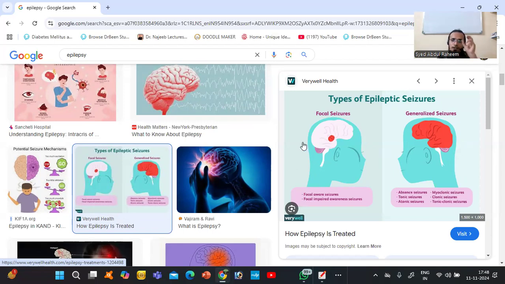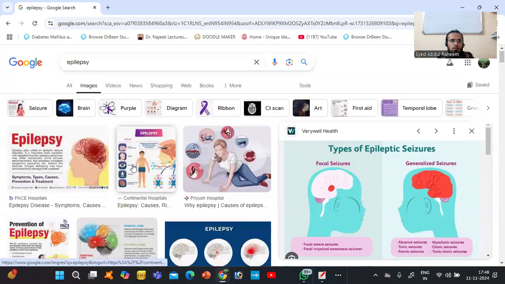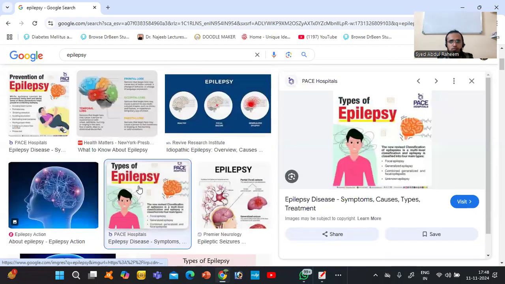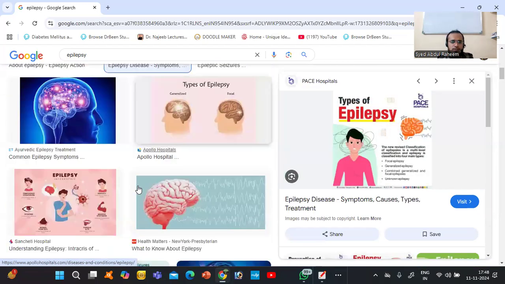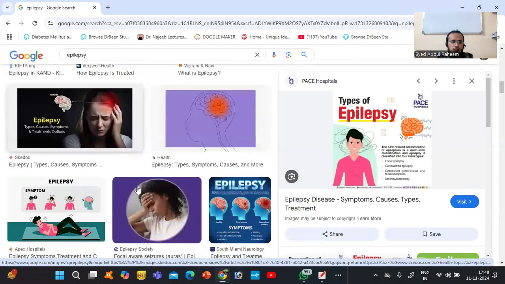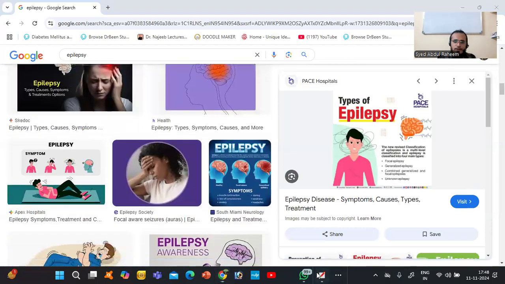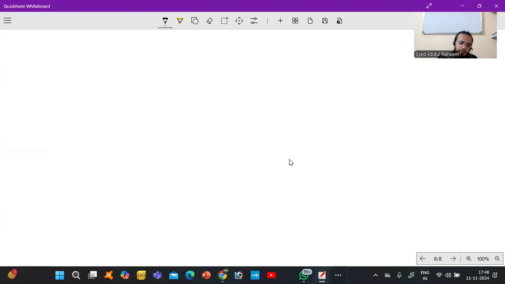Focal means only one part is affected. So let's discuss all four. Today we'll discuss only one type, grand mal epilepsy.